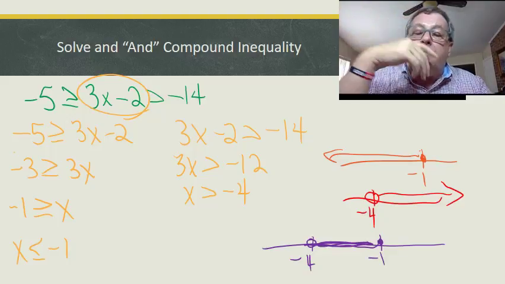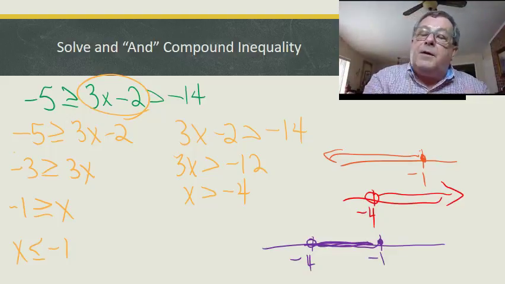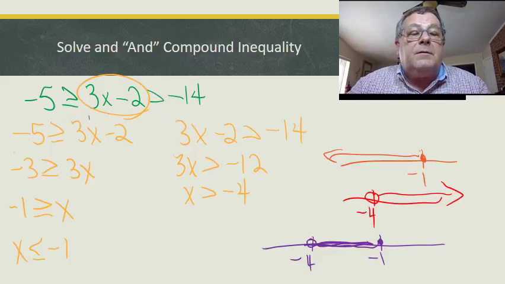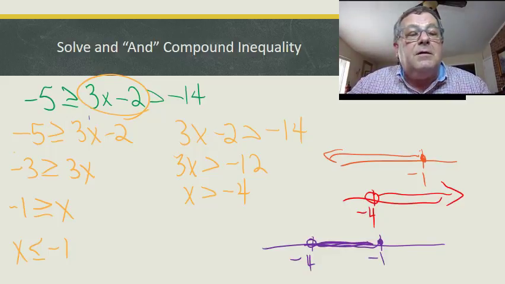Now let's look at an example why we have to do that. Because over here at the top we said that x could be any number less than -1. Well, let's say that x is -5. If I plug in -5, so if I got 3 times -5, that's -15. -15 minus 2 is -17.